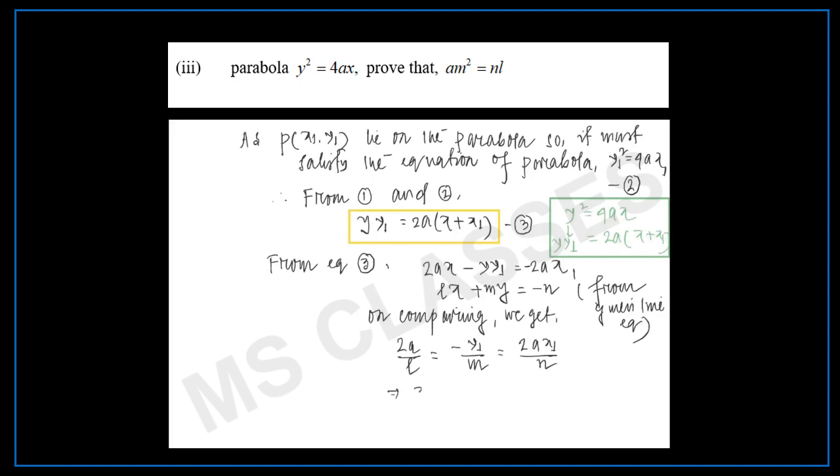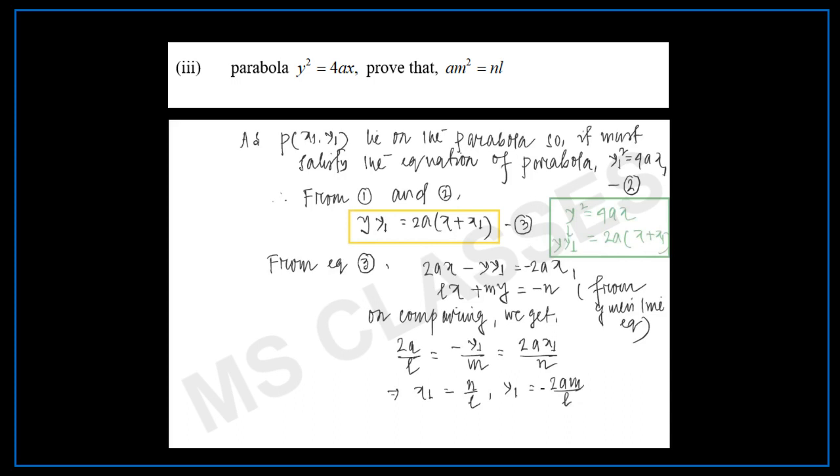From this we get x1 equal to n by l, y1 equal to minus 2am by l.